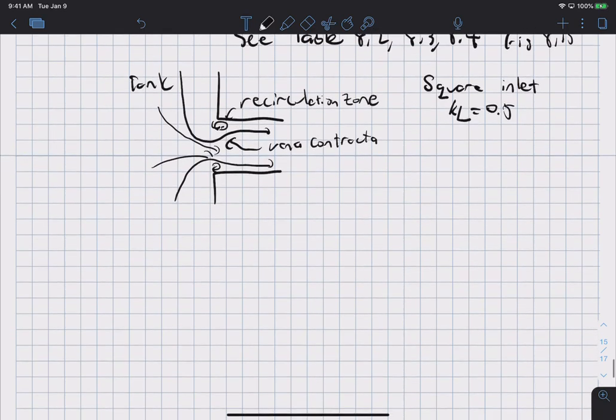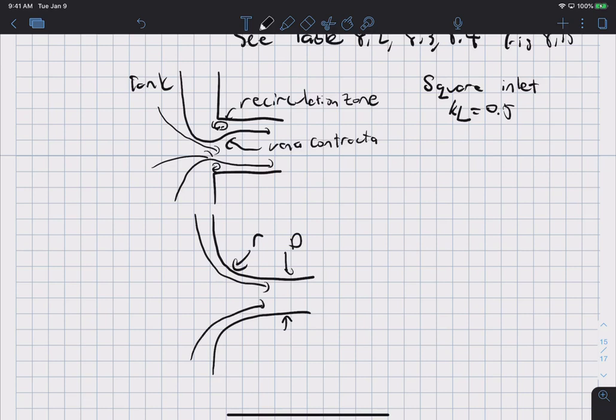Okay, now you can decrease the loss coefficient by simply rounding this corner and making it smoother. So if we round the corner and make it smooth with some radius of curvature and some diameter d, the streamlines don't form that vena contracta, and the pressure drop is mainly due to just wall friction as the streamlines go over and turn.